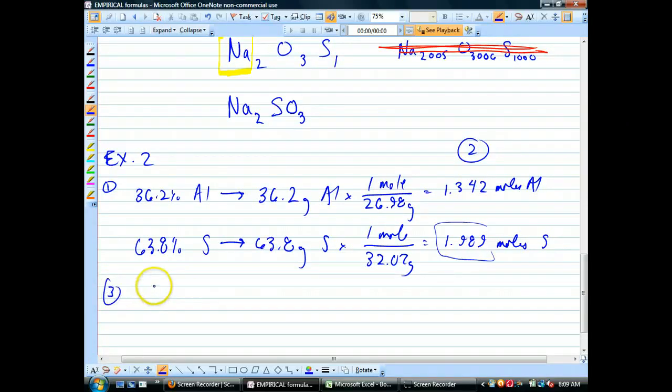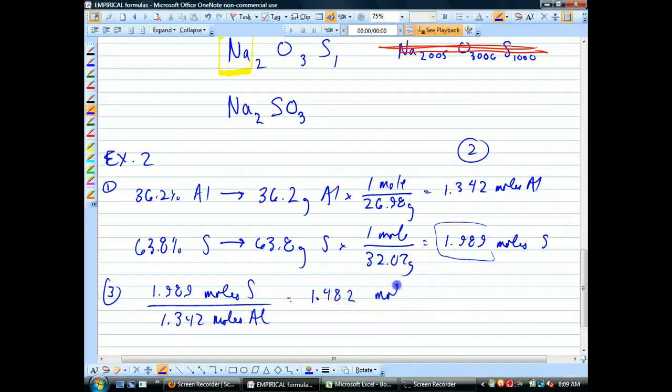So, step 3 is what? Divide by the smallest. So here I'm going to take 1.989 moles of sulfur. I'm going to divide by 1.342 moles aluminum. And I get 1.48. See, my mole ratio is not 2 to 1. 1.482.